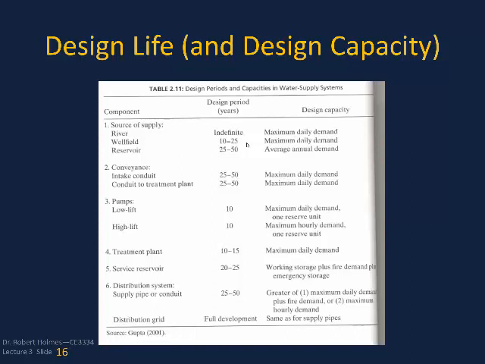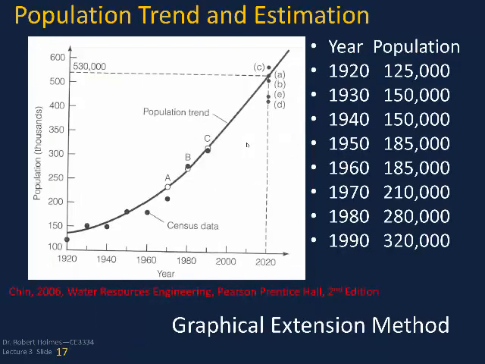The pumps are basically around a 10-year design life, although you may get longer service out of that, so much the better for your client. And then you've got the treatment plant, 10 to 15 years design period, a service reservoir, 20 to 25 years, and then the distribution system, the pipes and conduits, 25 to 50 years. So as you try to estimate the population, we know, okay, we're looking at a design life maybe 30 years down the road.